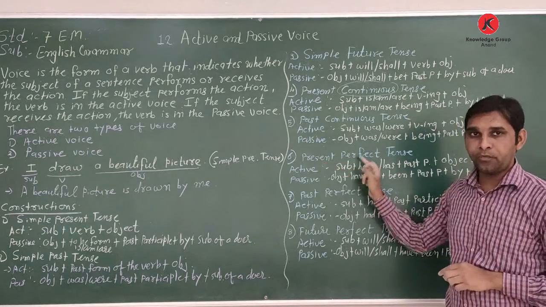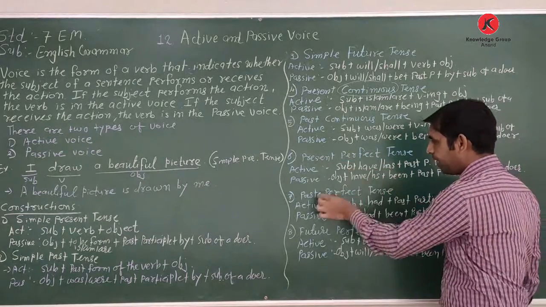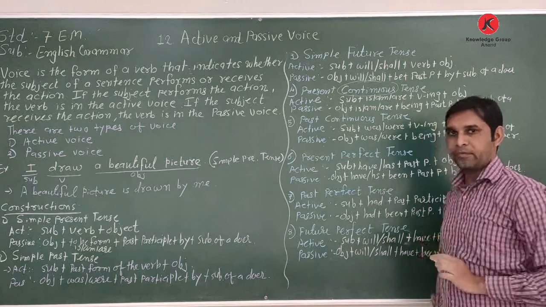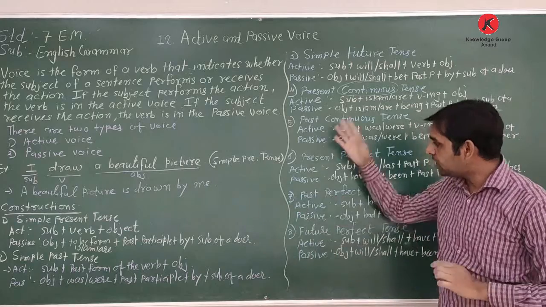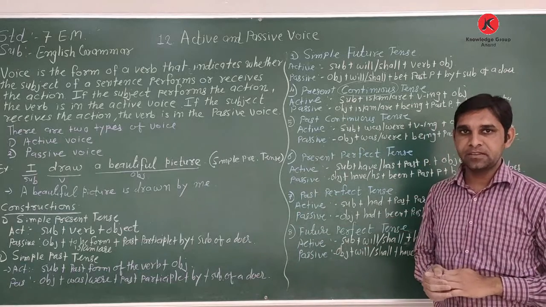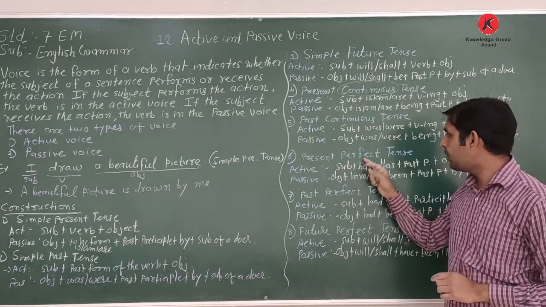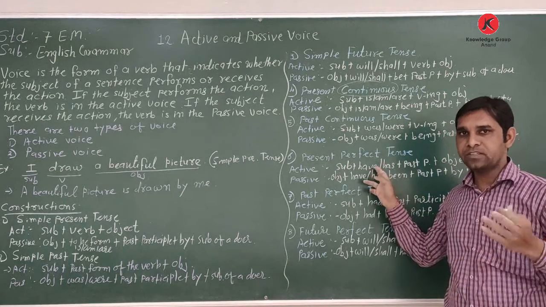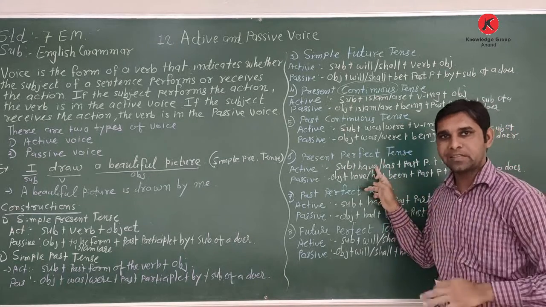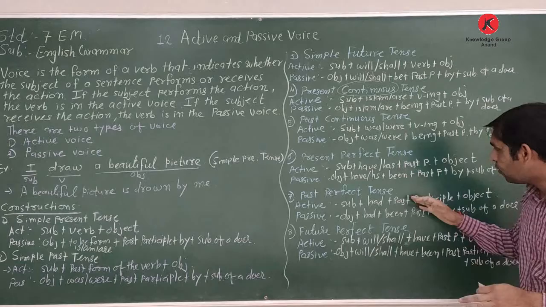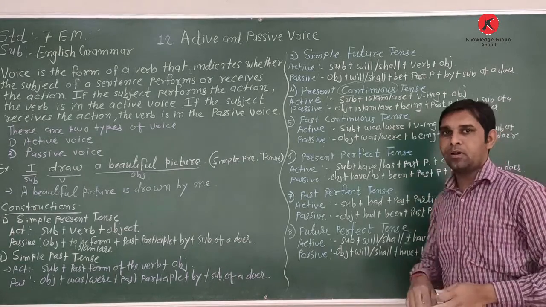Now comes to the perfect tenses: present perfect tense, past perfect tense and future perfect tense. So there are a total of eight tenses we can change from active into passive. Number six, present perfect tense. In the present perfect tense we use have and has, then the past participle.